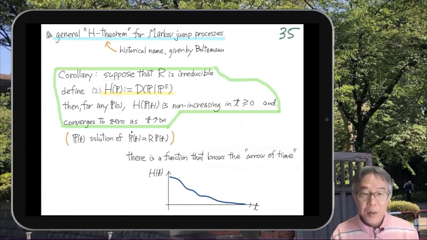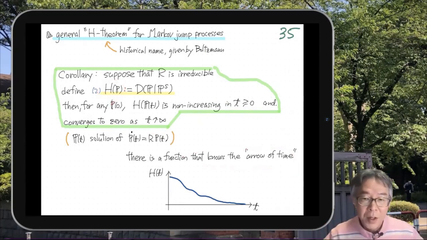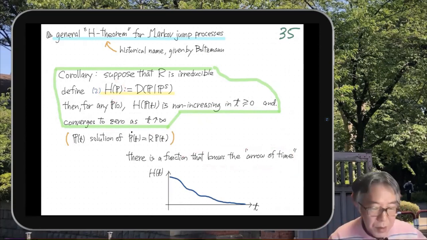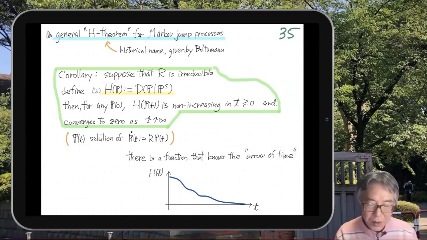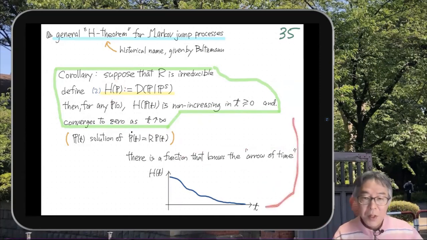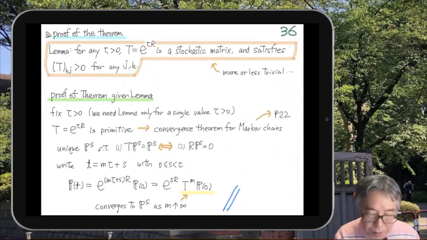In part 3, we give a more concrete discussion in the case of equilibrium dynamics, and in that case, we shall see that this H(P) is nothing but the generalized Helmholtz free energy. But anyway, it's nice to know that something like the H-theorem is valid with this generality for general Markov jump processes.